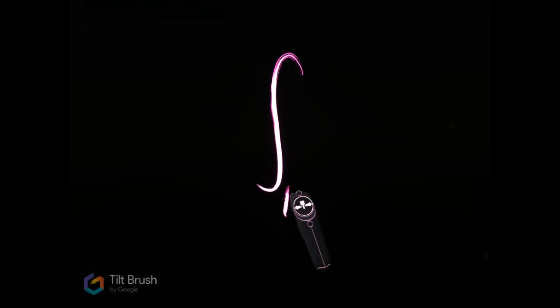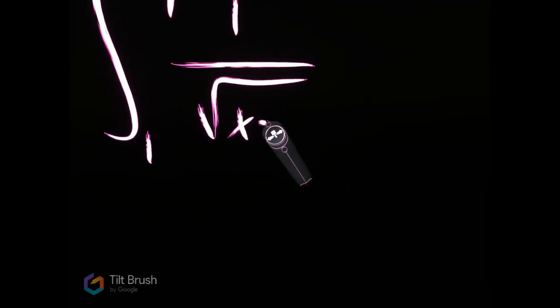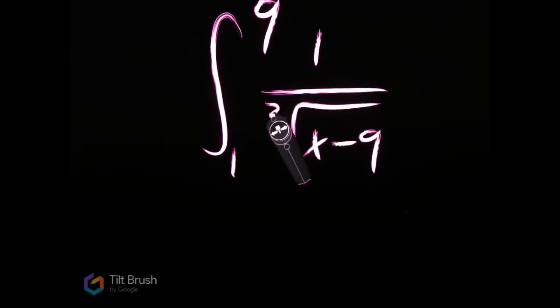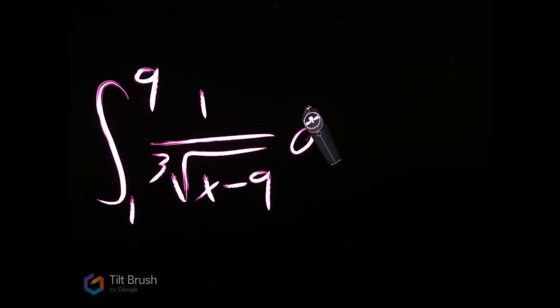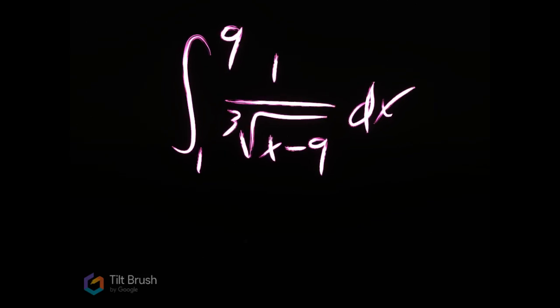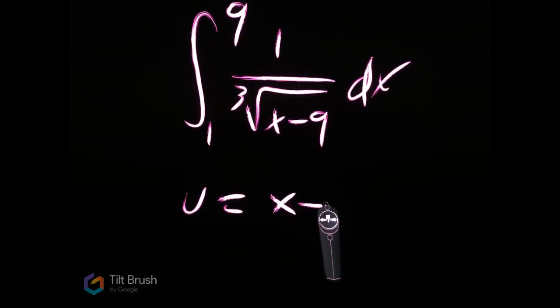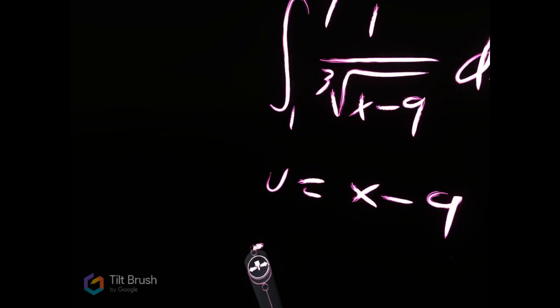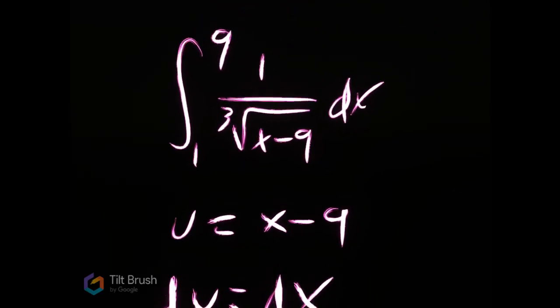Alright, we want the integral from 1 to 9 of 1 over (x minus 9) to the 1/3 power dx. Well, I was going to immediately try u-subbing it. du equals dx.